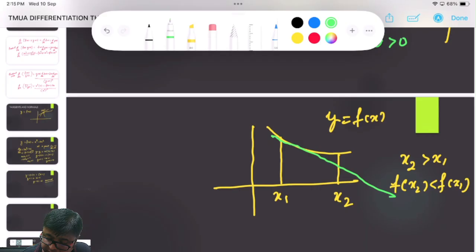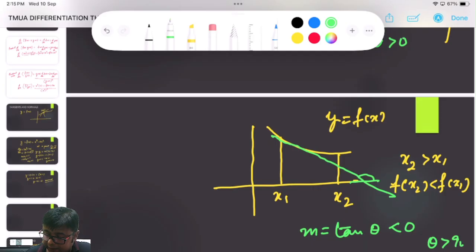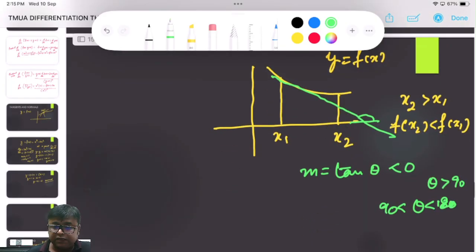If I draw a tangent at any point, this tangent makes an obtuse angle with the x-axis. Since it's making an obtuse angle, which is more than 90 and of course less than 180, tan theta, which is the slope, is negative. So for such a case, the slope is negative, so similarly I can say dy by dx is less than 0.